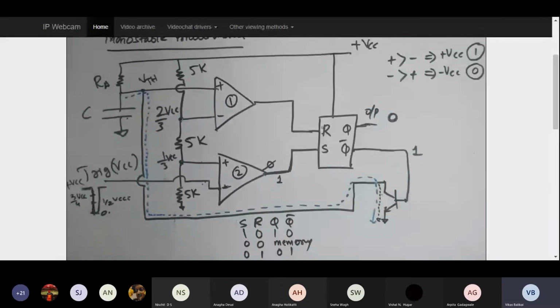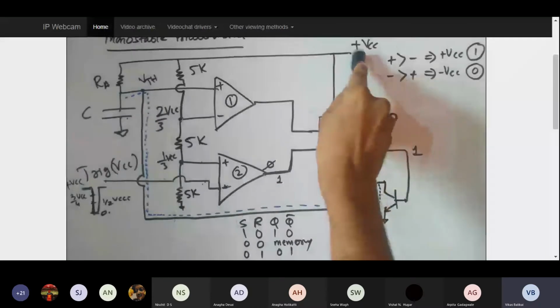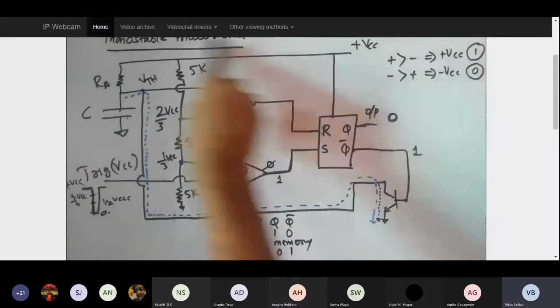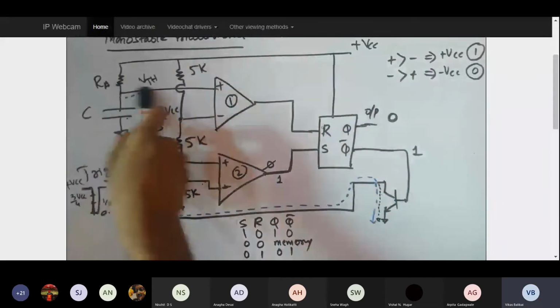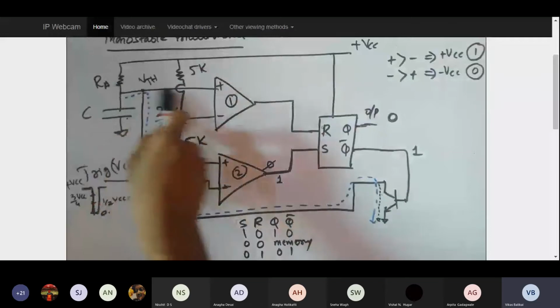Now in all these conditions, what is going to happen? If you can see over here, this VCC in the beginning state is going to come over here. It is going to take this path. So here is my VCC, here is my 2/3 VCC.